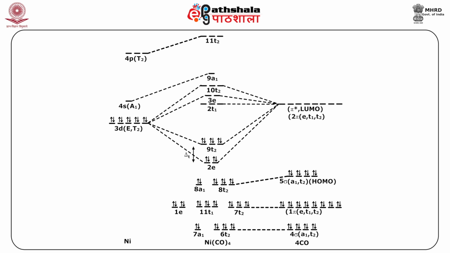Hence, the lower energy pi bonding orbital is mostly oxygen in character. The antibonding pi star orbital of carbonyl has its largest amplitude on carbon and has appropriate symmetry and energy to overlap with that of T2g orbitals of the metal center.